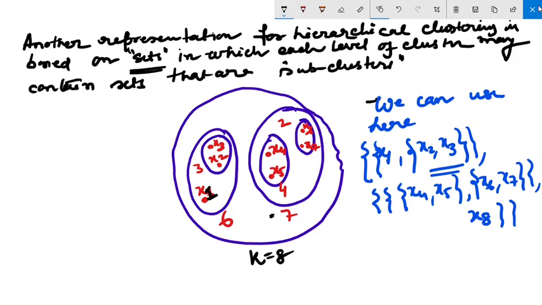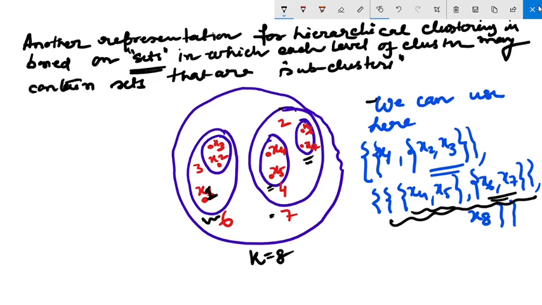We have x4 x5 merged together, and then x6 x7, and x4 x5 are merged together, they are being a single cluster. And then finally these two clusters are merged together. Then it has again merged with this one, and finally we are getting x8, and finally we are getting a cluster.